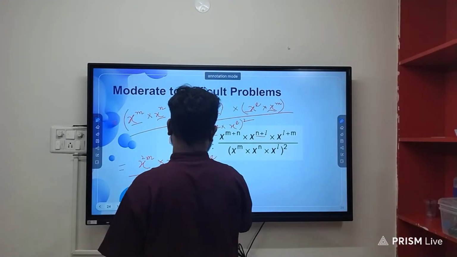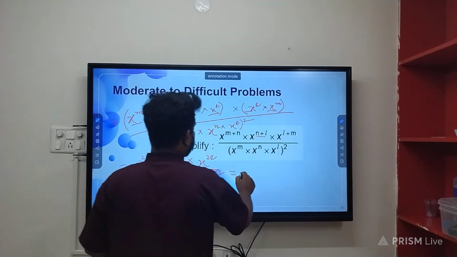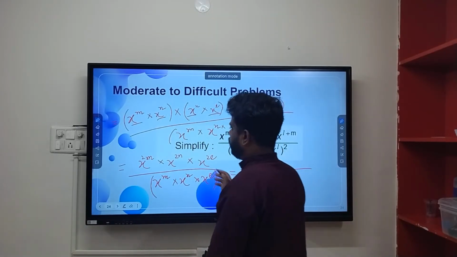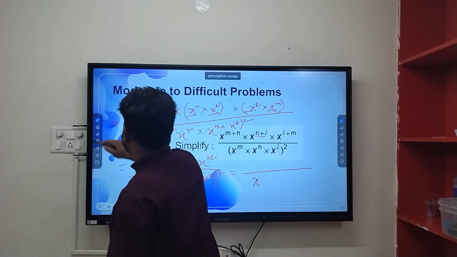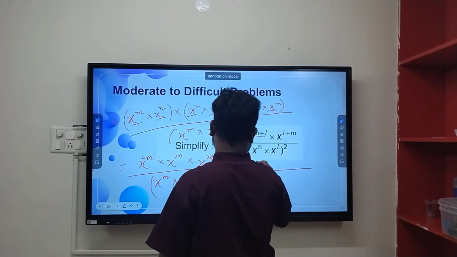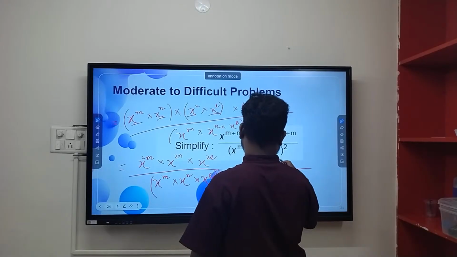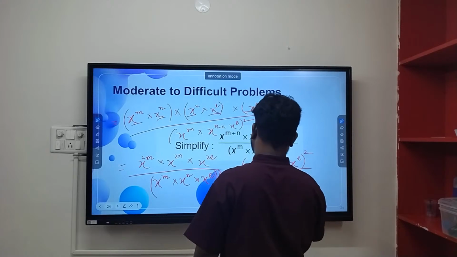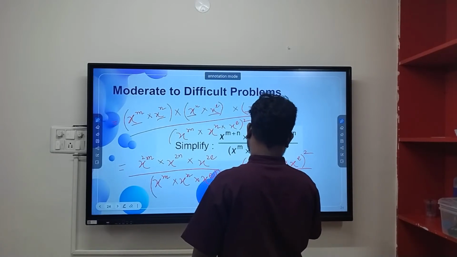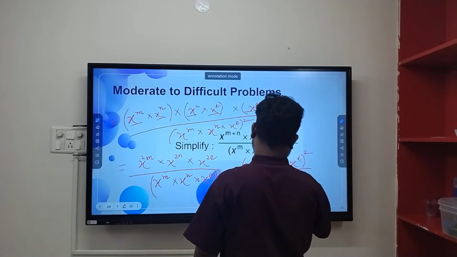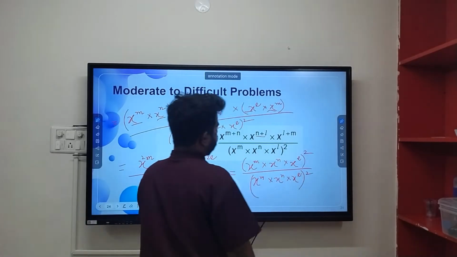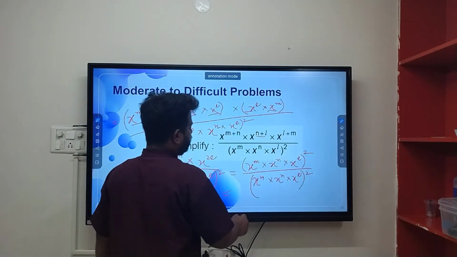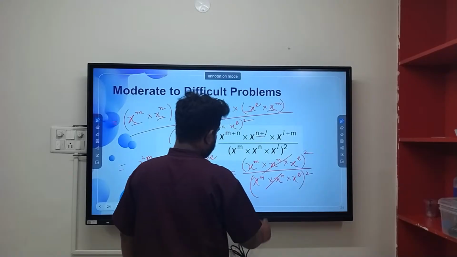It also has a square. And if I put the square inside them, it will also be like this. Now you don't have to do this, we just need to keep 2 outside, and these two will be the same. See, these two are the same term. So the same term will get cancelled and the answer will be 1.